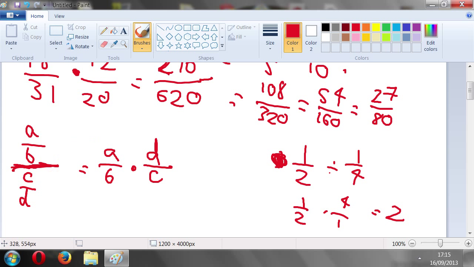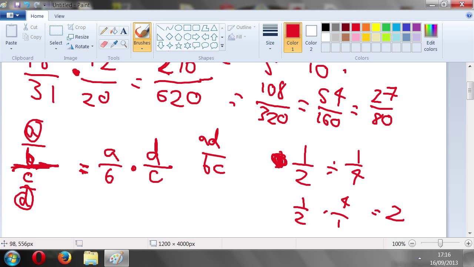Realistically, these two things are the same. It's just better to put it like this. So basically, that's all you do. You just flip it around, and you get AD over BC. So again, we're taking this and this, and multiplying them, and putting them over the denominator of the top fraction and the numerator of the bottom fraction.